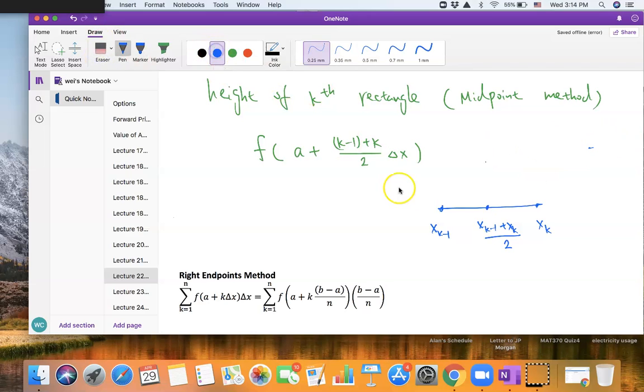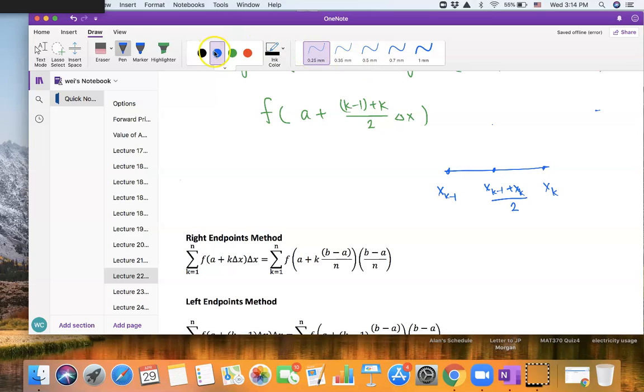Since we know how to write the coordinates of x_{k-1} and x_k, this average is going to be (a plus (k minus 1) delta x plus a plus k delta x) over 2.